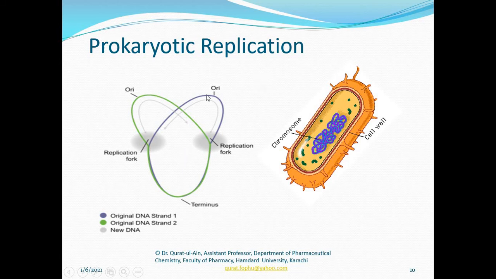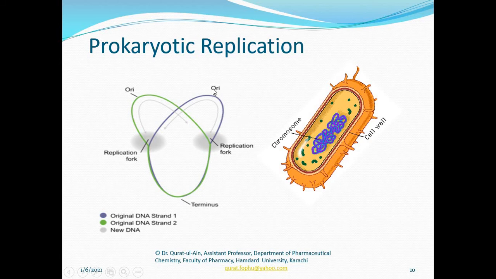And this prokaryotic DNA has only one origin of replication. Here we say it's ori. Ori indicates the origin of replication. So what is this origin of replication? Origin of replication is the place from where the replication would start. Why does replication start from the origin of replication?